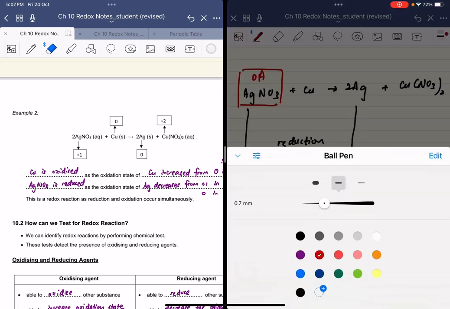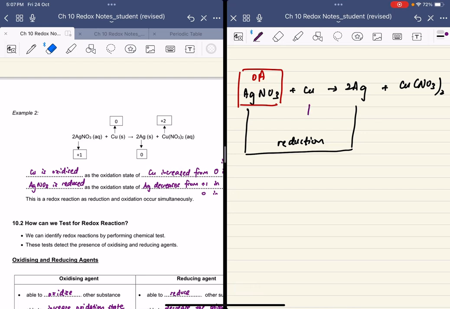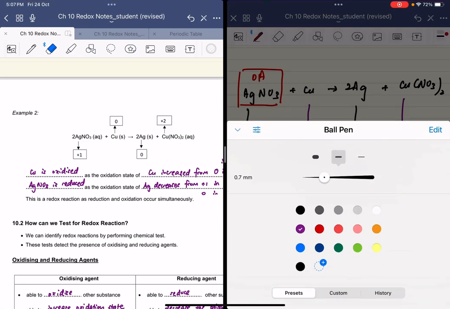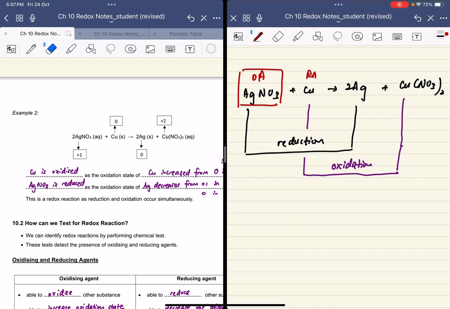But for copper, copper to copper ion here, this one is an oxidation. Then I can safely say my copper is a reducing agent because it reduces the silver nitrate. This one oxidizes the copper. It oxidizes the other party.